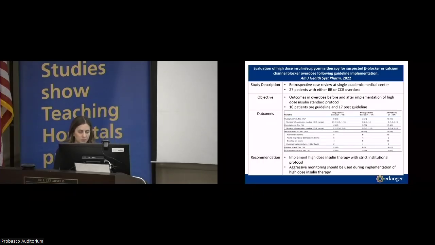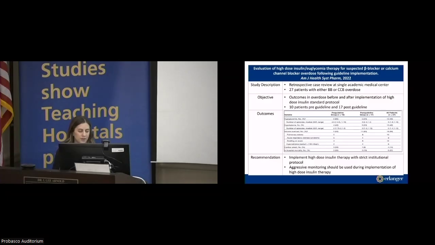Hypoglycemia in the pre-guideline group was more common than in the post-guideline group. Hypokalemia was more common in the post-guideline group. And then they also looked at volume overload. The theory was that if they gave this higher concentration of insulin therapy, they'd have less volume overload in patients post-guideline, and that didn't seem to be the case in their study.